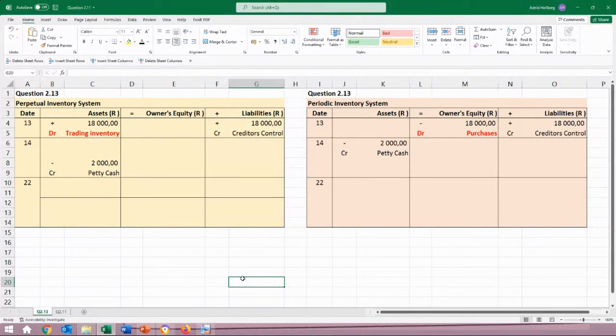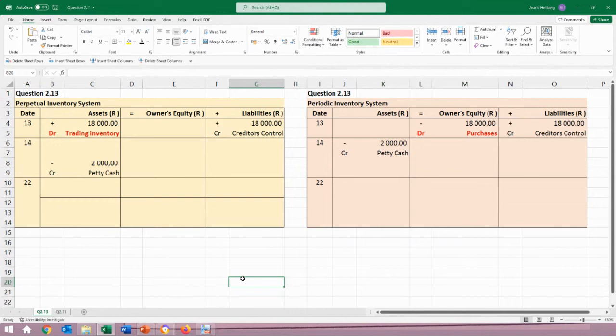That cost of getting your inventory to its location. Do we take it to the asset account or do we take it to expense account? Okay, so let me help you out.